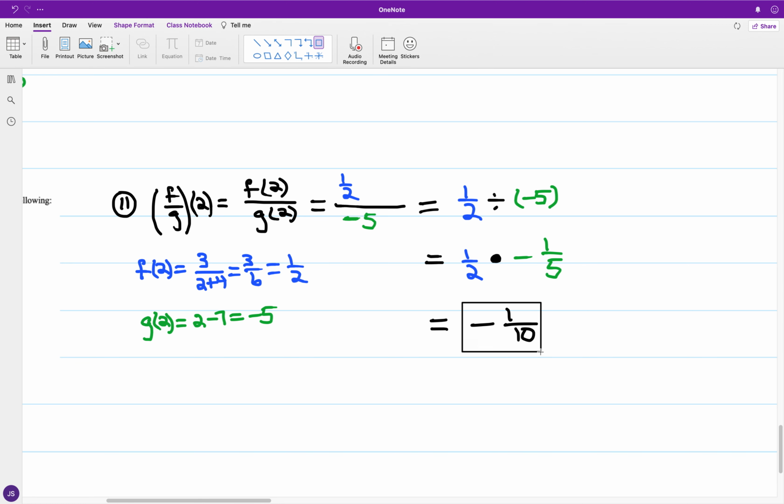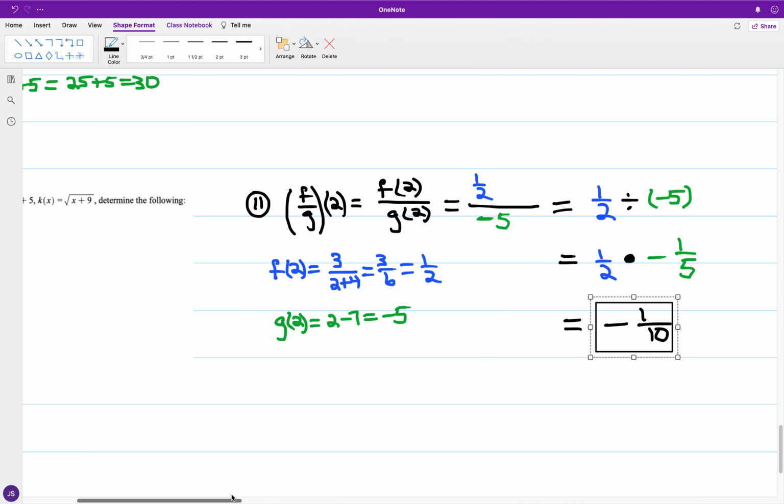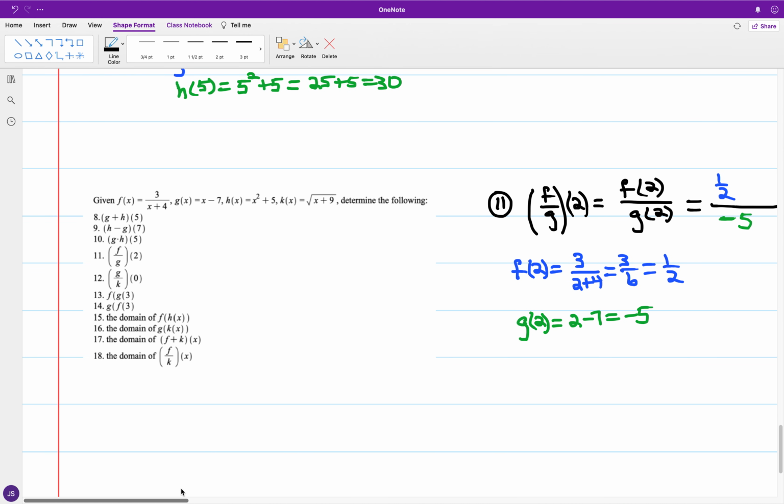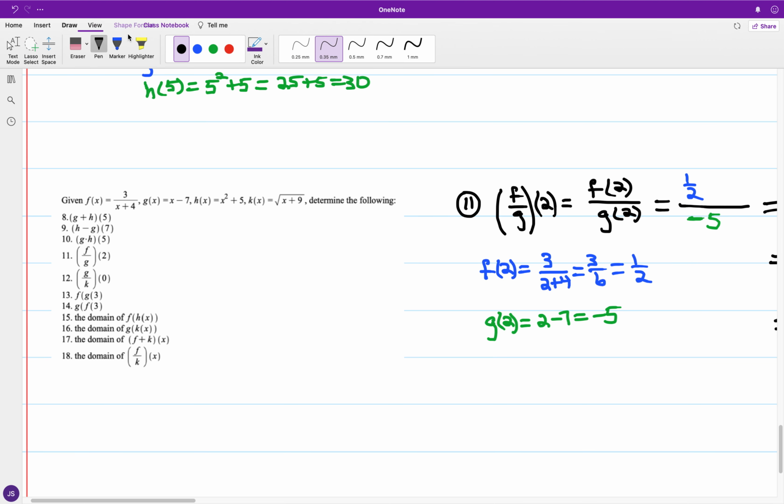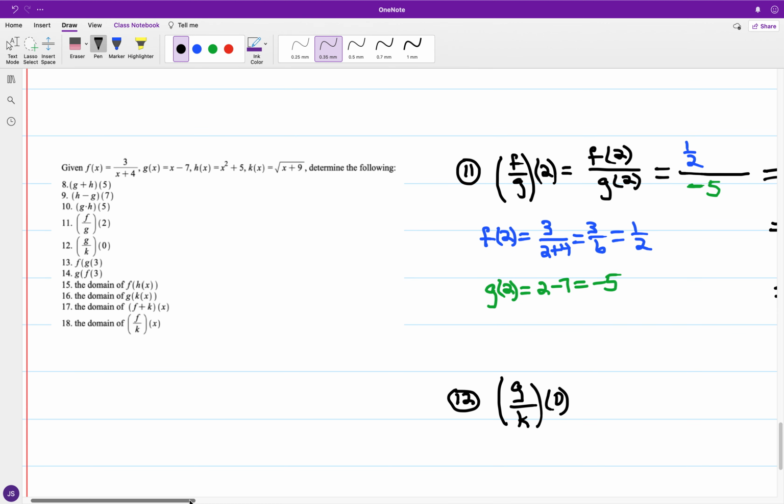All right. Now, for what we have in 12, now we have g over k of 0. Okay, so we're now involving the function k. Okay, so we're looking at g of 0 over k of 0.